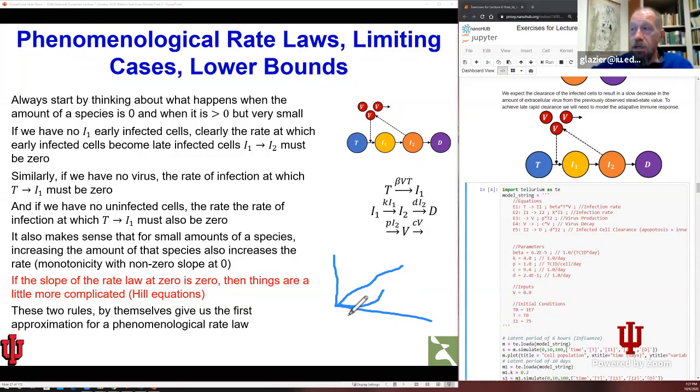This one, where we have an increasing curve that's nearly flat at 0, is going to be called a Hill function. And where it's linear at 0, we'll get what's called either a linear response or Michaelis-Menten kinetics. And that already tells us a lot. So if we know the value at 0 and the slope at 0, we can do a lot of estimation.